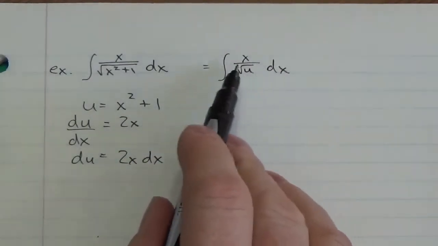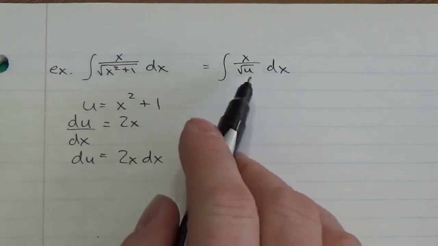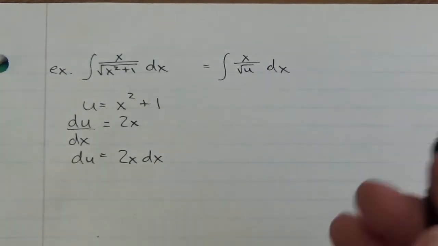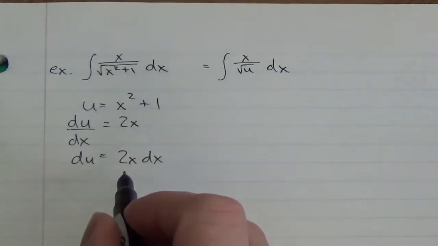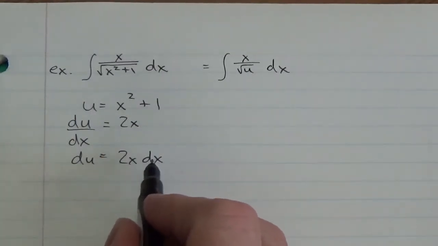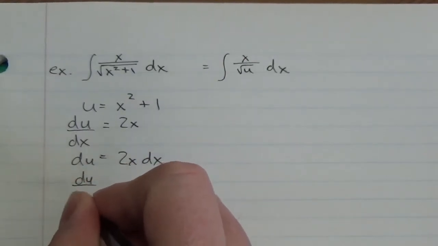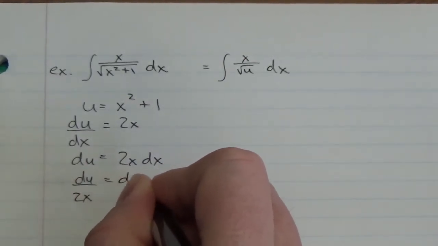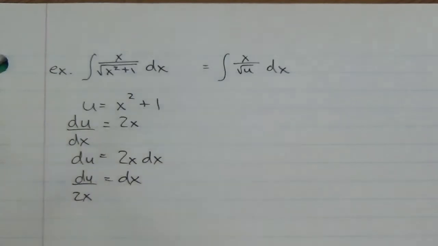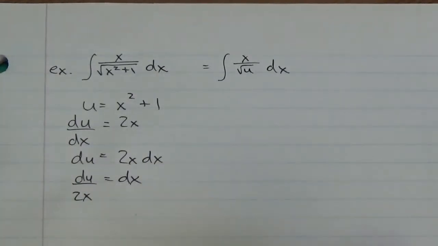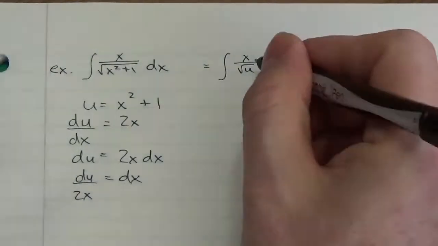Notice in this case that I never actually see the 2x dx. I've got the x dx, not the 2x dx. And this is sort of the reason why I typically will simply go through the process and solve for the dx. In a lot of cases the substitution is pretty clear, but you will sometimes run into a situation where it's not entirely obvious.